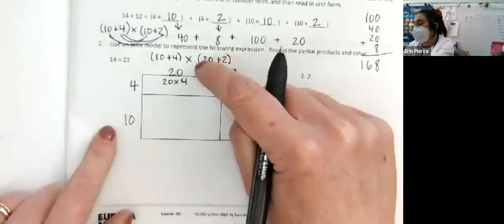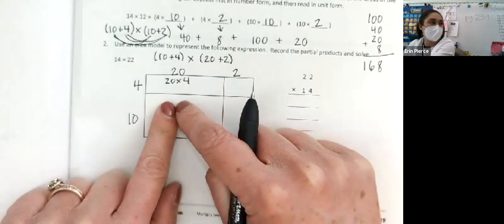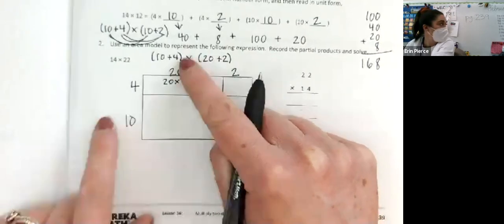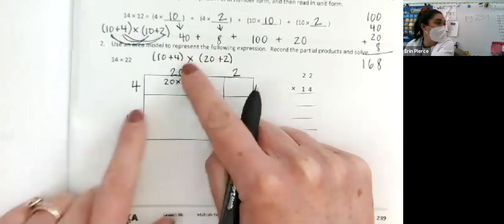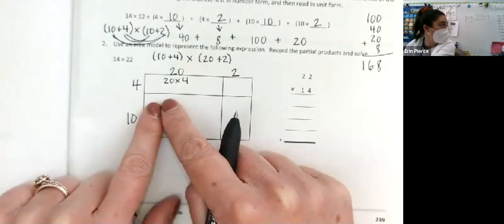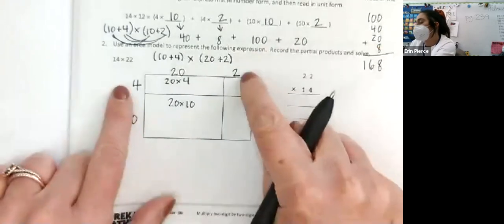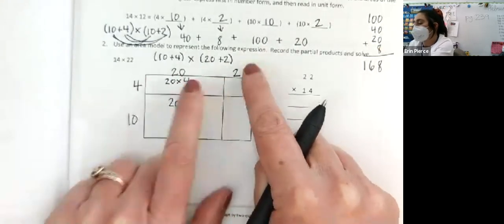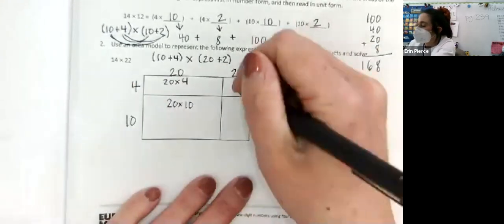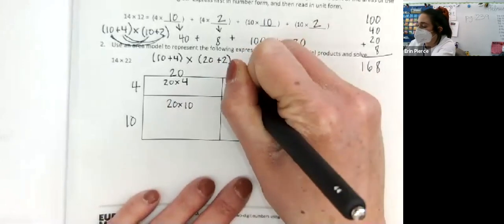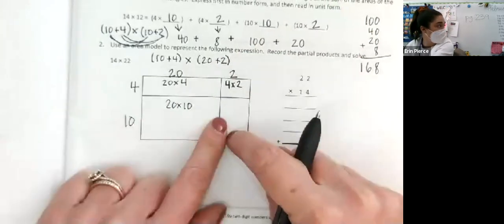Do you guys see what would now go in this next box? What is in this next box, Scotty? 20 times 10. What goes in this top right box? 4 times 2. What goes in this next box?